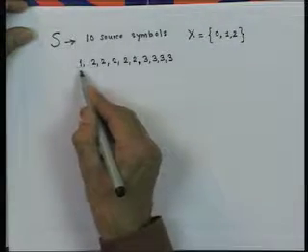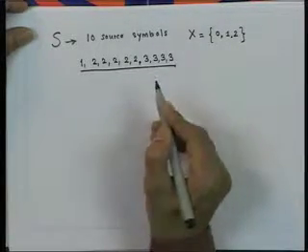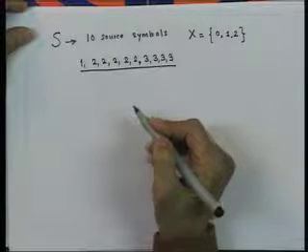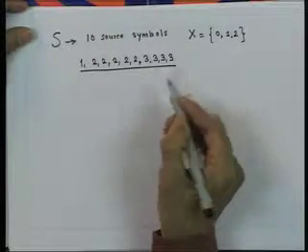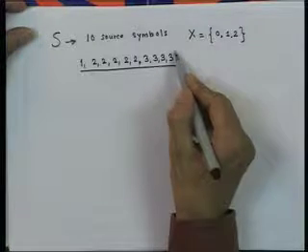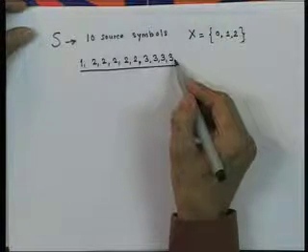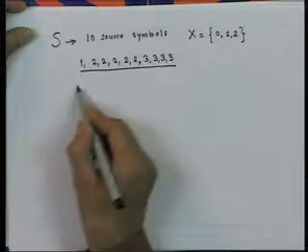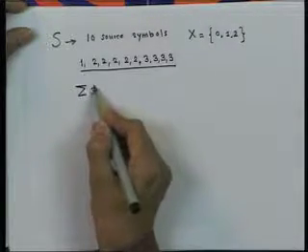Now, if we want this set of code word lengths and want to design an instantaneous code, the first thing we have to do is check whether it satisfies the Kraft inequality. So, let us do it.